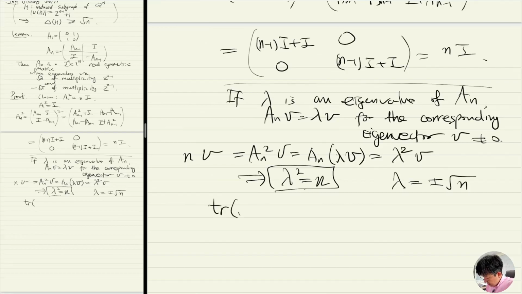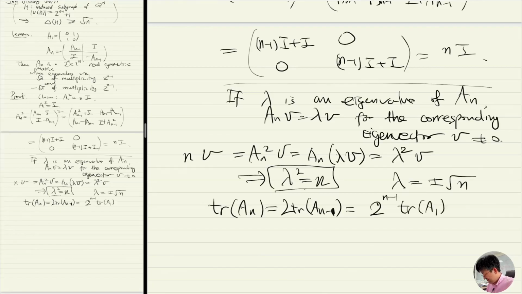But the trace of A_n is twice the trace of A_(n-1), and inductively this will become 2^(n-1) times the trace of A_1, which is 0.